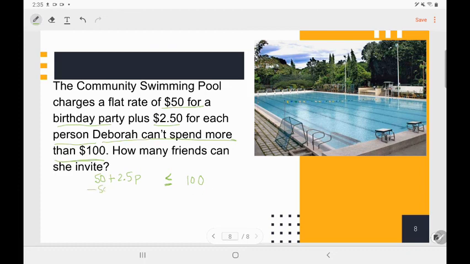Minus 50 from both sides. 250p is less than or equal to 50, and 50 divided by 2.5 p is less than or equal to 20. P is less than or equal to 20. That means Deborah can invite 20 friends or less.